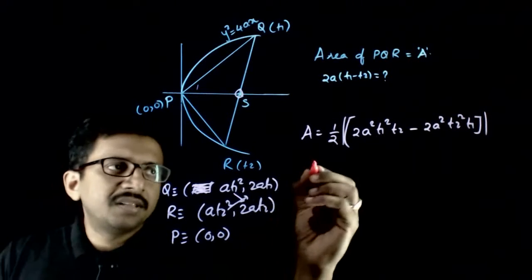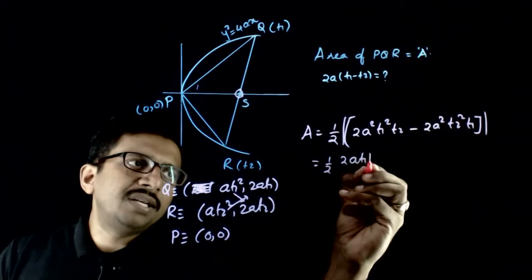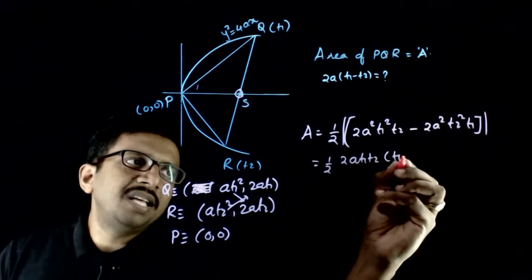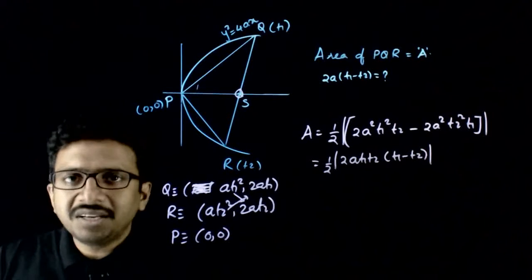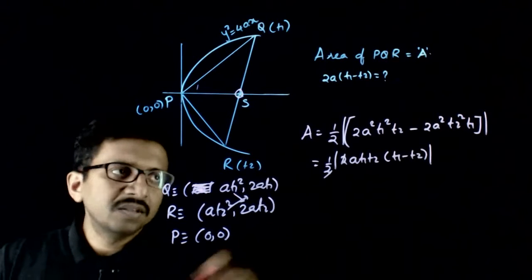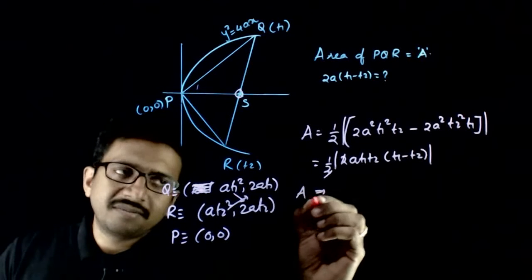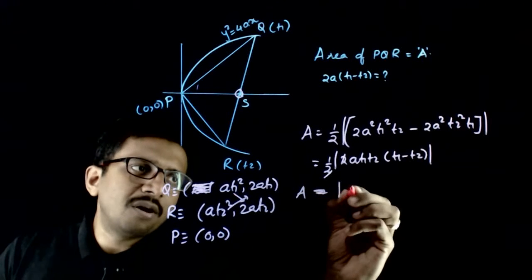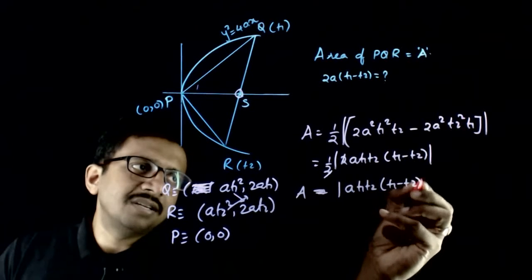So if you take 2a T1 T2 as common, you get T1 minus T2. So this 2 and 2 get cancelled. So the area capital A is equal to mod of a T1 T2 times T1 minus T2.